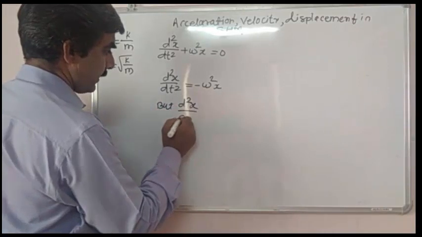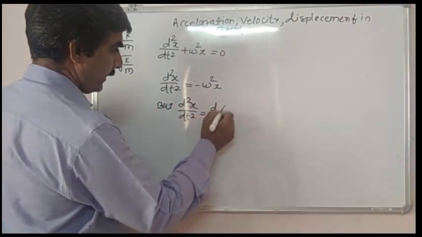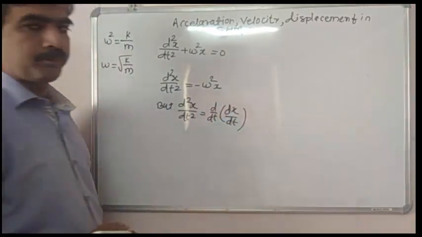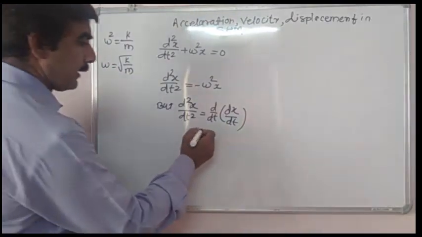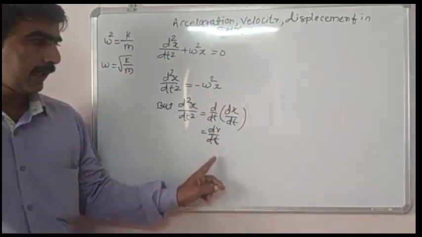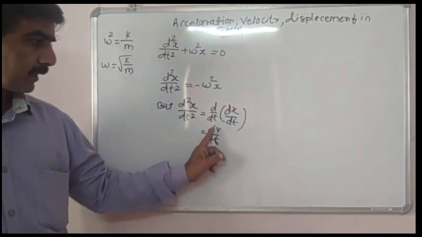Now d2x divided by dt square is nothing but d by dt of dx by dt. That is rate of change of velocity, dv by dt, because dx by dt is velocity.